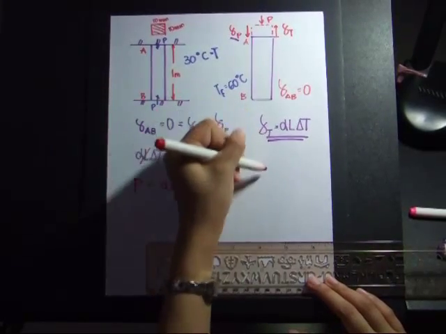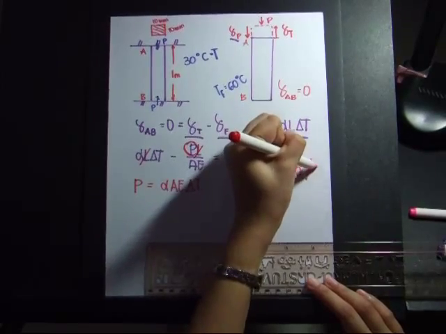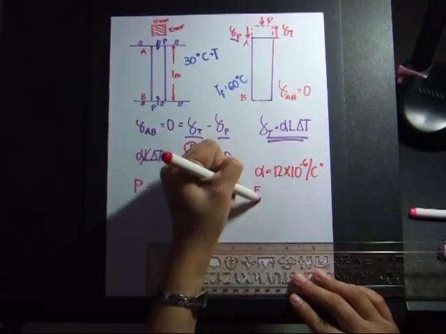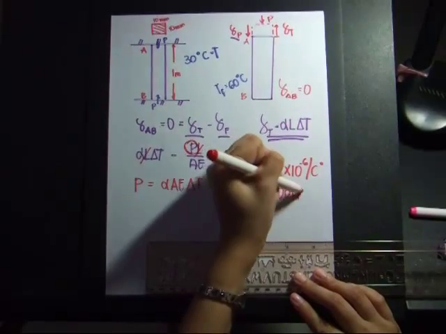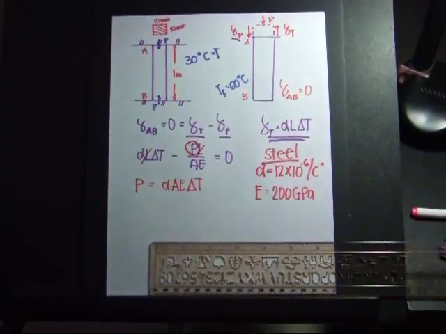So for this bar, since it is steel, we have these properties, that is our coefficient of linear expansion, and our elastic modulus, and this is only for steel.